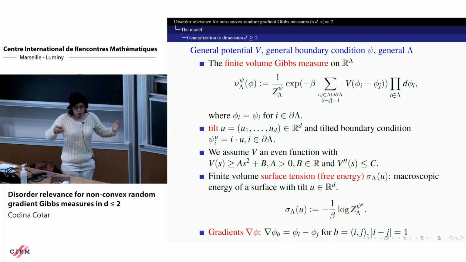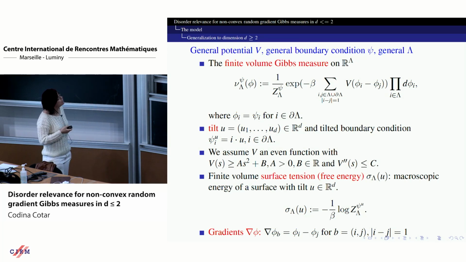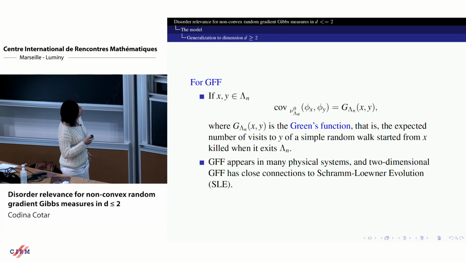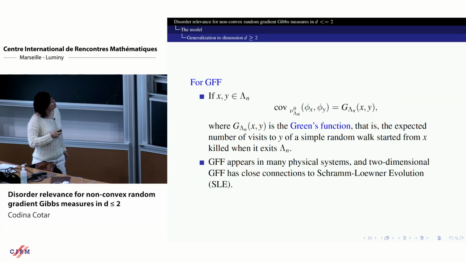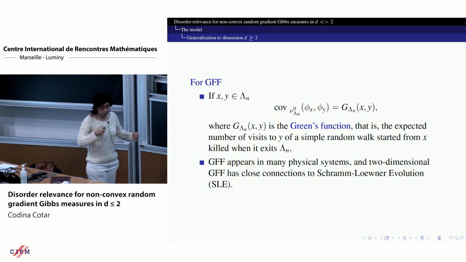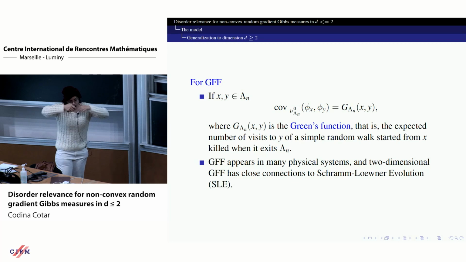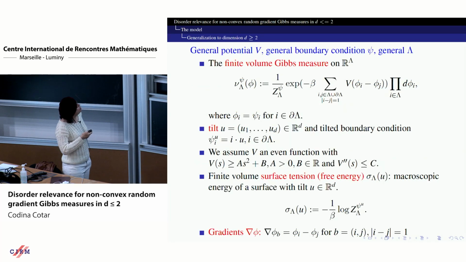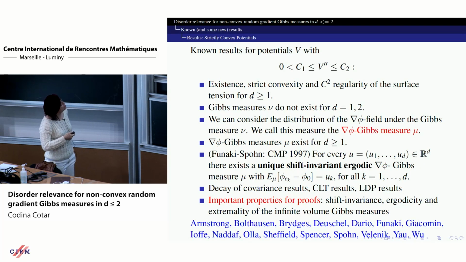And it turns out that the Gibbs measures do not exist for dimensions 1 and 2. This is connected to the covariance, to the Green function structure in dimension 1 and 2, that it blows up. So they only exist in dimension 3 or higher.